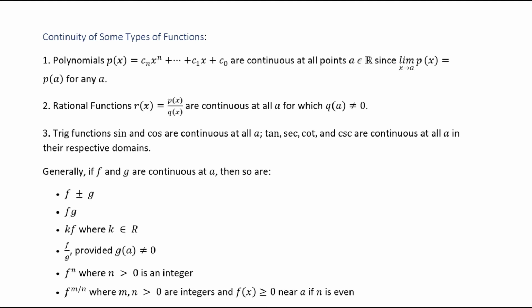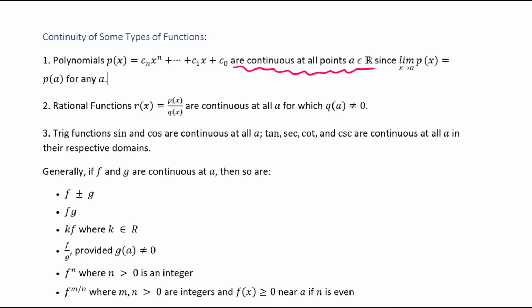Continuity of some types of functions. 1. Polynomials. Polynomials are continuous at all points a that are an element of the reals. That's because the limit as x approaches a of the polynomial is always equal to the polynomial evaluated at a.